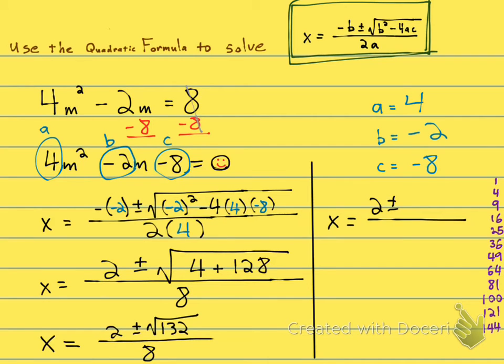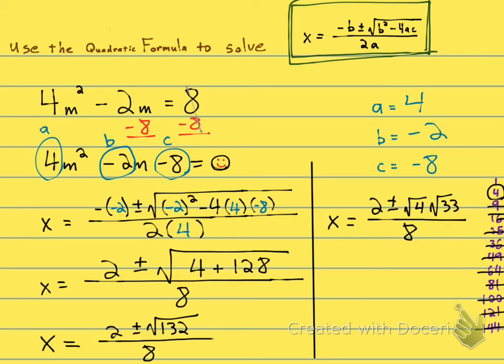I'm looking for one of these perfect squares that goes into it. That one's too big, doesn't work, doesn't work, doesn't work. The only one that works is 4. 132 is 4 times 33. So this is the square root of 4 times the square root of 33, all over 8.